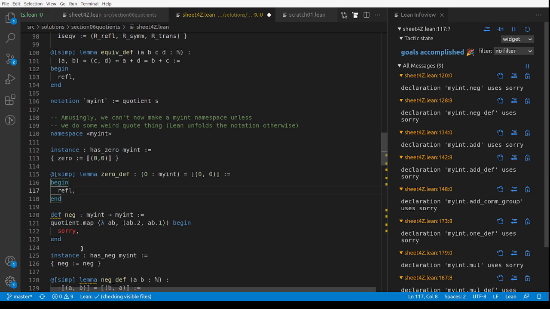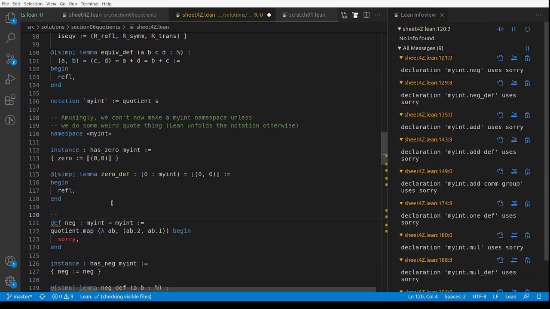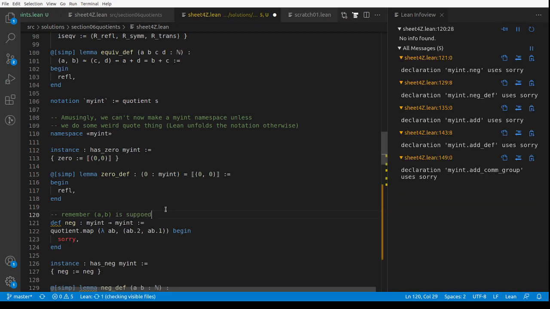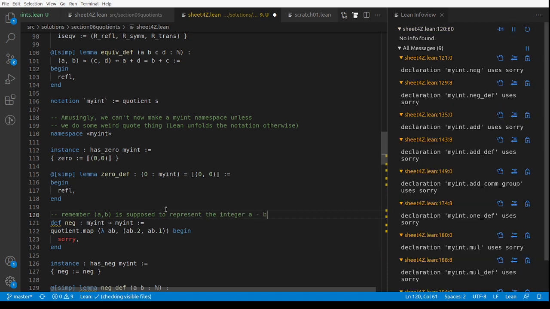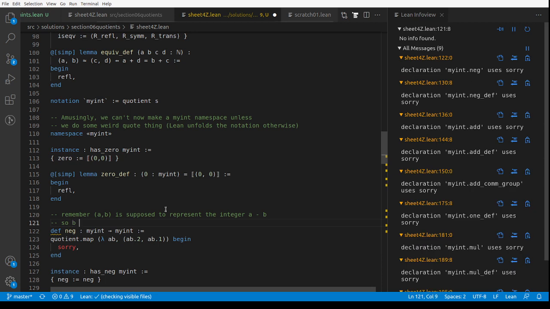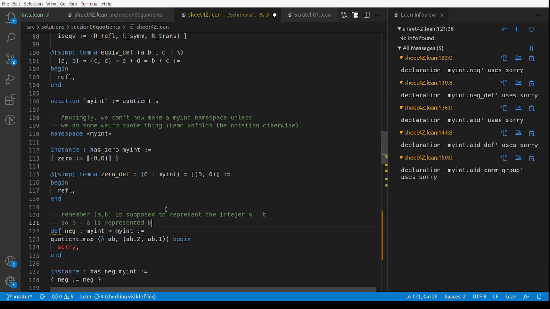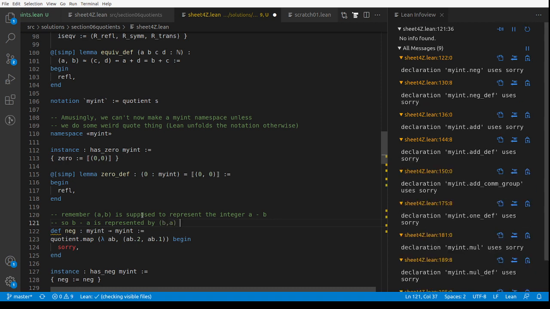Now let's define negation. So remember the idea is that this pair (a, b) is supposed to represent the integer a minus b, and so b minus a, its negation, is represented by (b, a). So that's the map that we want to descend.